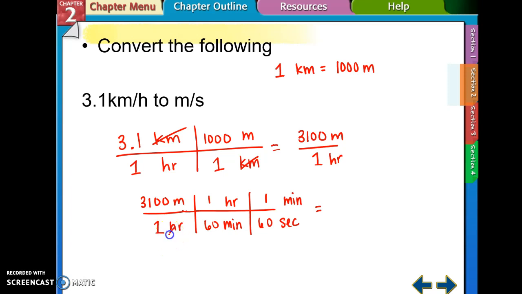Since I cancel out my units right there, I can't cancel out meters, I would do 3,100 divided by 60 divided by 60 and get 0.86 meters per every 1 second. This is a speed, a derived unit, so sometimes you can use your metric knowledge and your other knowledge when you are doing conversions. Thanks so much for watching.